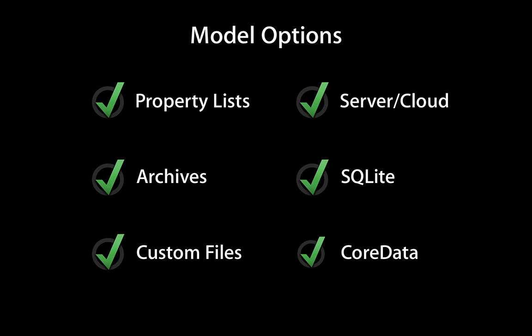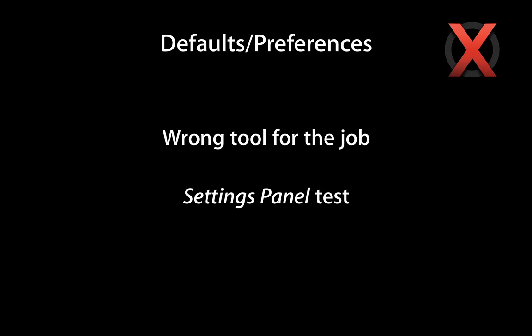So here are 6 different options: property lists, archives, custom files, using a server or cloud, SQLite, and Core Data. Depending on your situation, any one of these or some combination might be the right choice. But I'll tell you what is not the right choice most times: using defaults or preferences. It's almost always the wrong tool for the job.